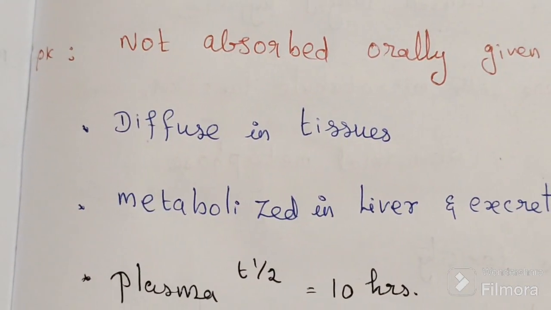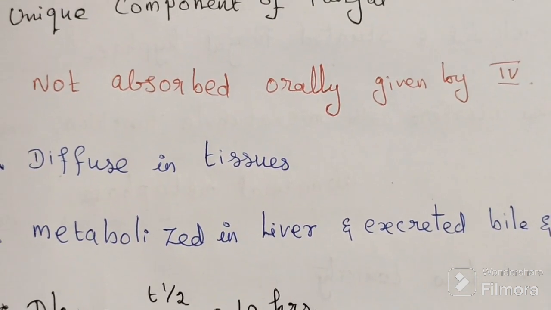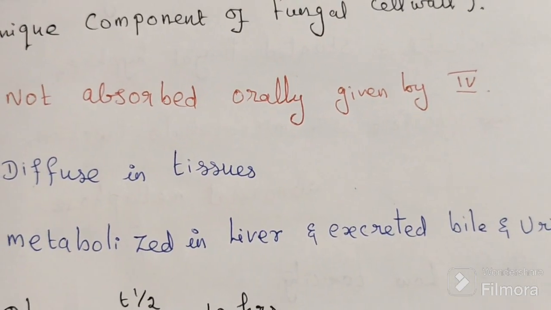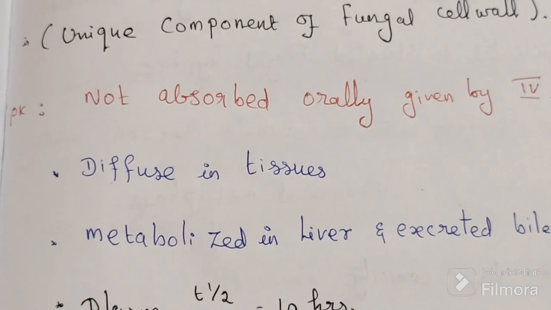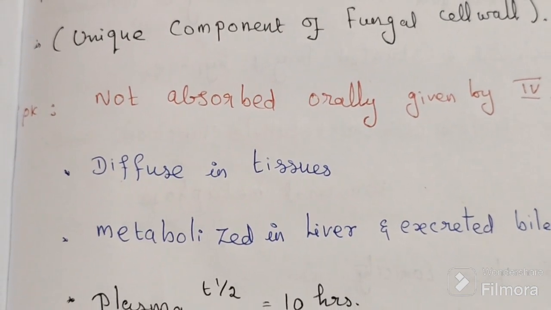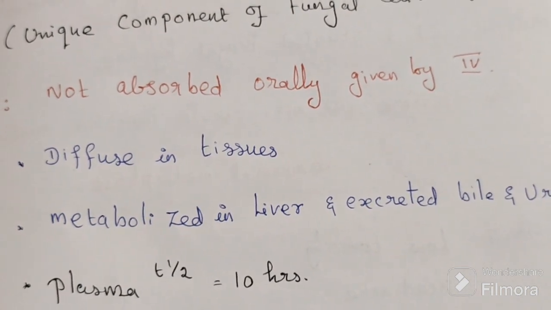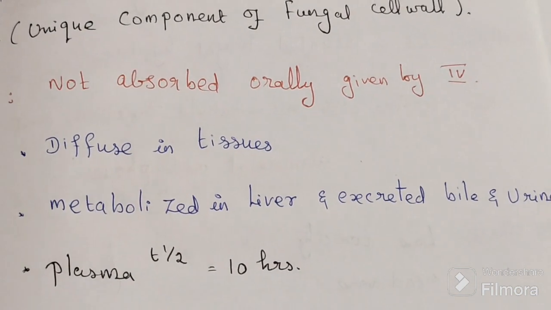Then pharmacokinetics: it is not absorbed orally, so it will be given by IV route. It diffuses in the tissue, is metabolized in the liver, and excreted in bile and urine. The plasma half-life of the drug is 10 hours.